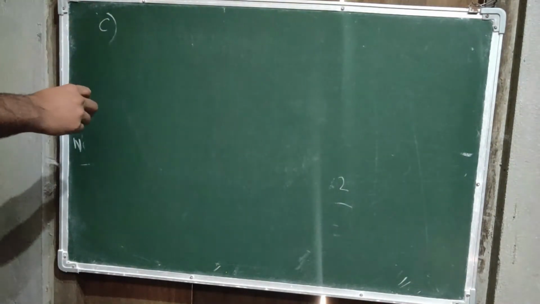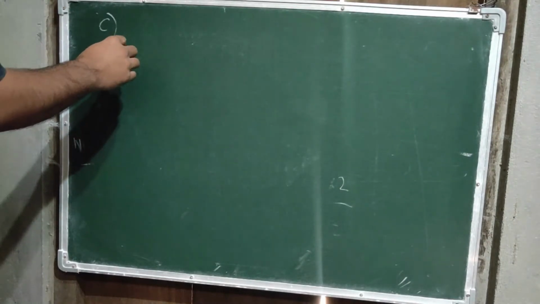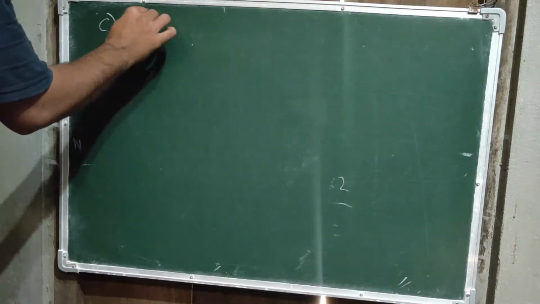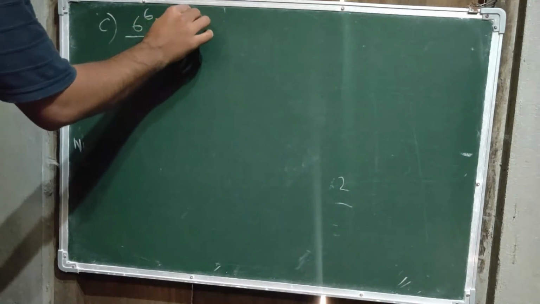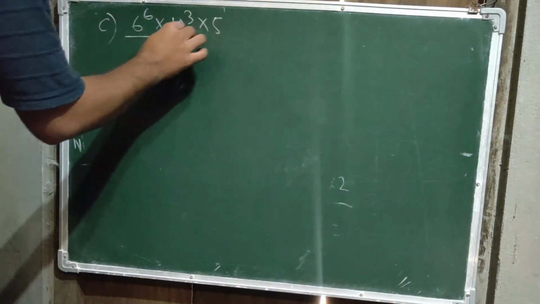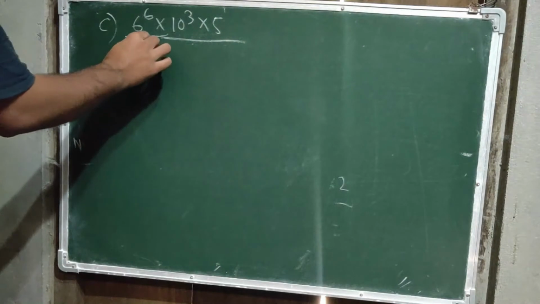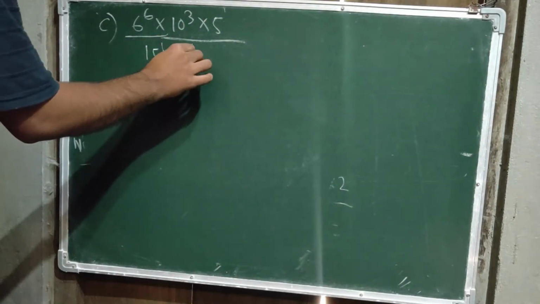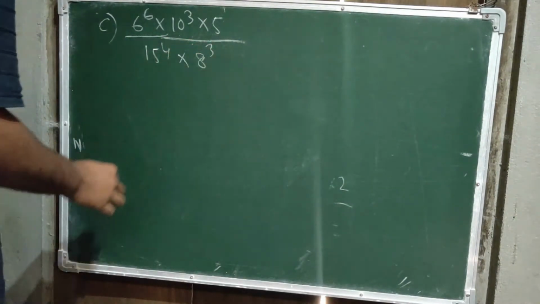Our C question is (6⁶ × 10³ × 5) / (15⁴ × 8³).